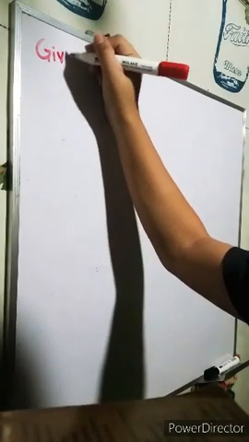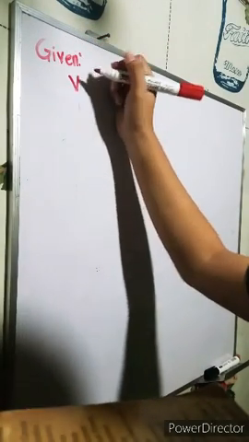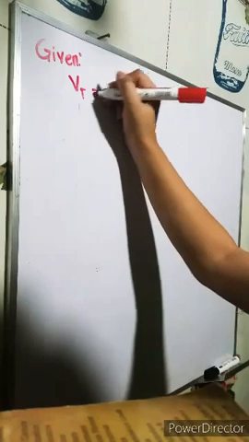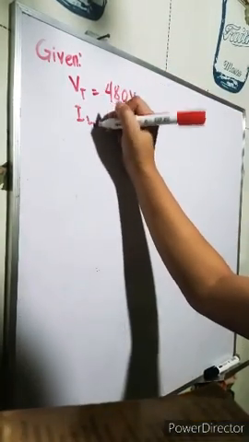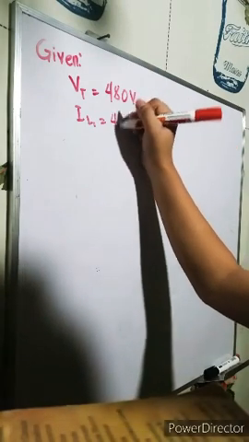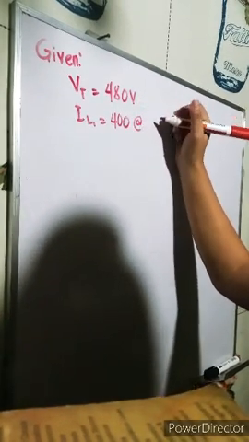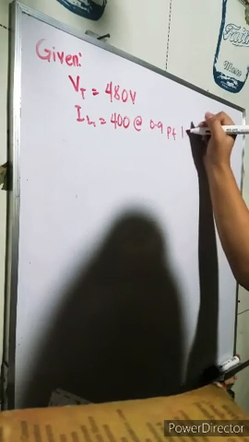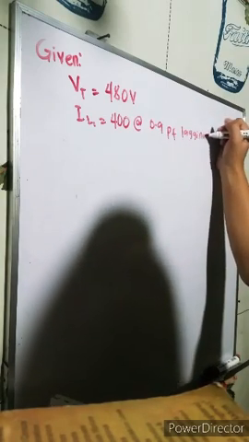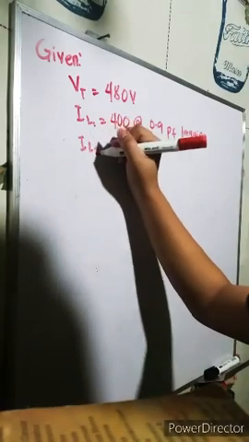So the next problem, we have the given voltage, which is 480 volts, and currents 1 and 2. Current 1 is 400 amperes at 0.9 power factor lagging, and current 2 is 300 amperes at 0.72 power factor lagging.